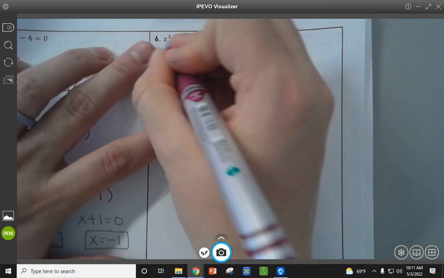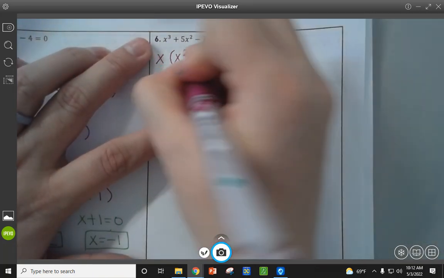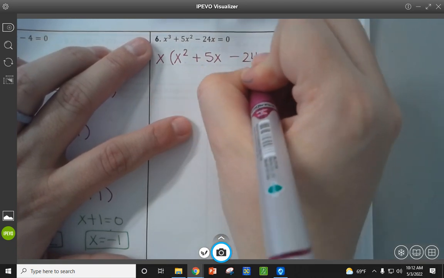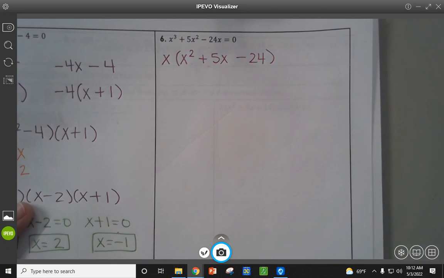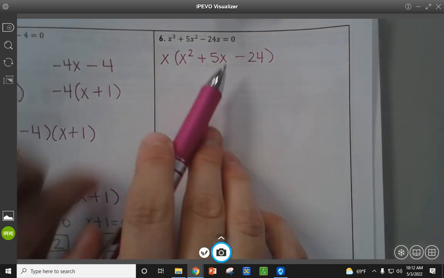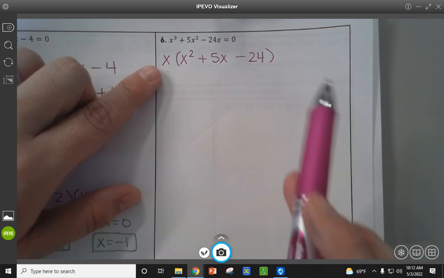So when I divide out an x from each of those, we get x squared plus 5x minus 24. All right, so on this one, this is a trinomial because it's 3 terms.